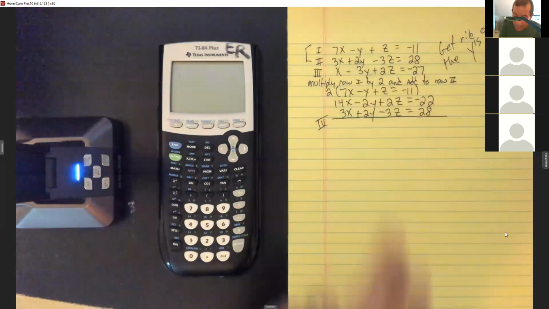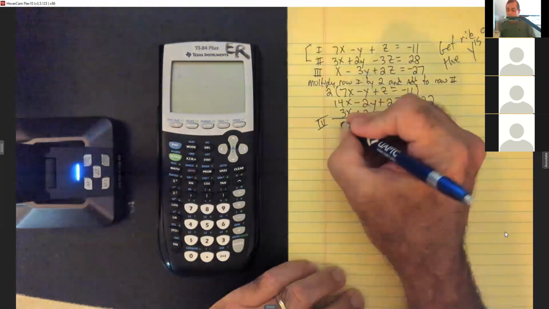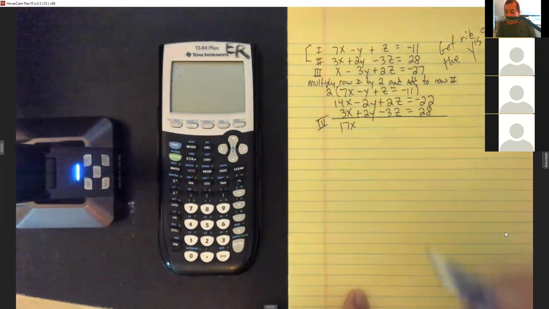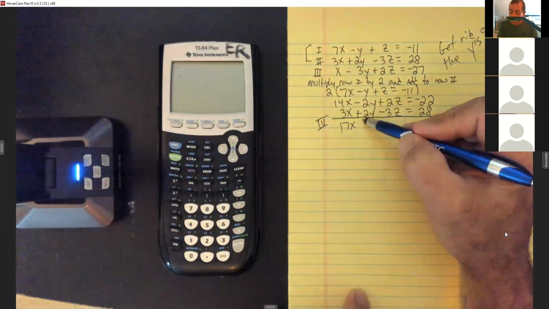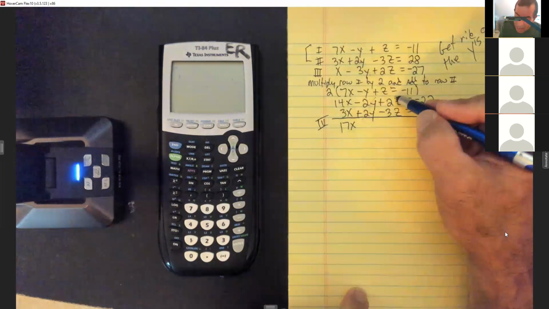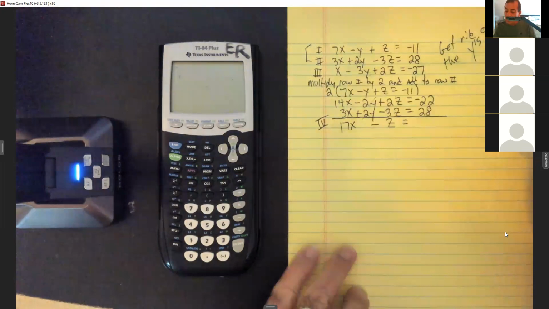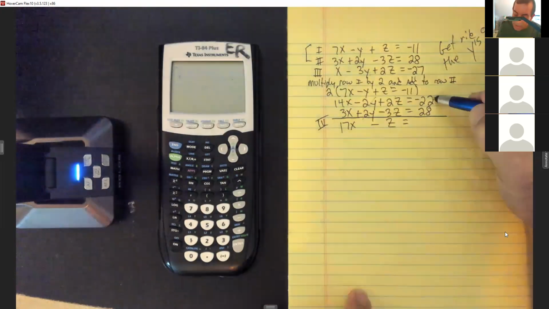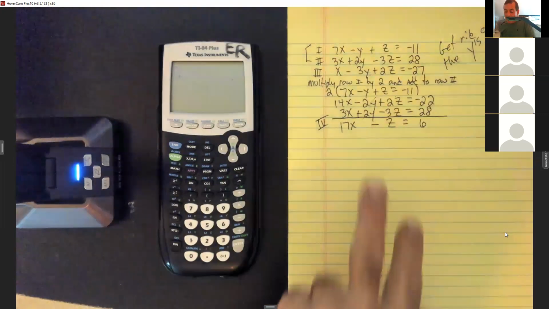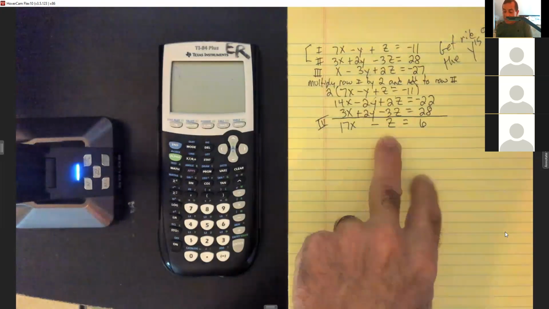So now we're going to add them. The 14 and 3 give you 17x. The 2y and negative 2y cancel. 2z and negative 3z give me a negative 1z. And then negative 22 and 28 give me 6. So my equation 4 will be 17x minus z equals 6.